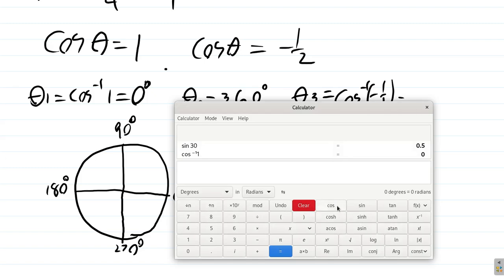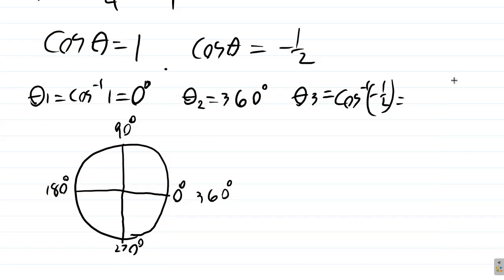We have cos inverse of negative 0.5 equals 120 degrees. That's from the fact that when you have negative half, the adjacent is negative over the hypotenuse.